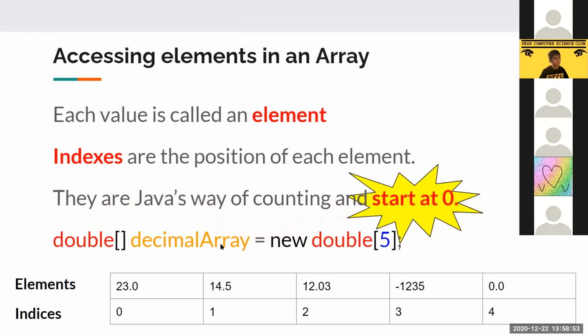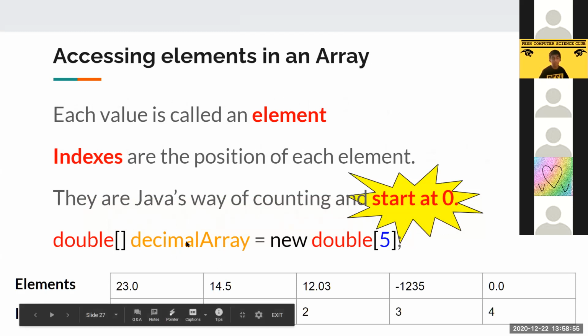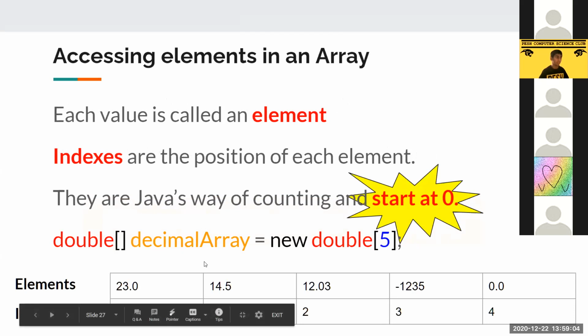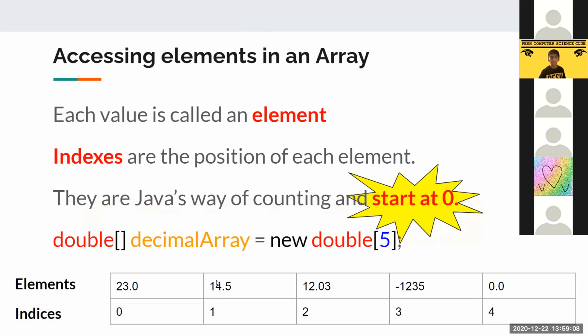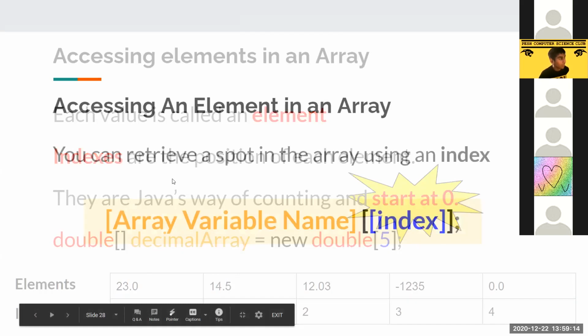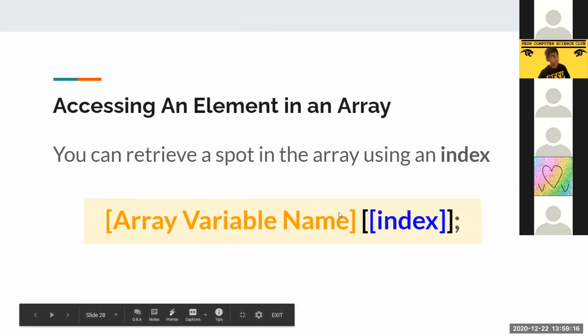In this case, we have decimal array, so that could be our variable name. And then we indicate which index we want Java to retrieve. So we could, for example, do decimal array brackets 1, and then we get our value of 14.5, because remember, Java starts at 0, and 14.5 is at index 1. I will go over a few examples of this in a little bit.